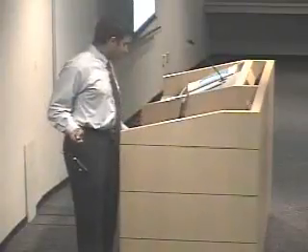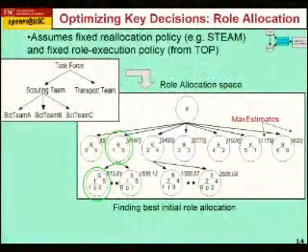And the key is to find these upper bounds as quickly as possible in order to do a branch and bound search in this role allocation space to come up with the best allocation. Each of these leaf node evaluations is a complete RMTDP policy evaluation, and we want to reduce the number of such evaluations necessary.